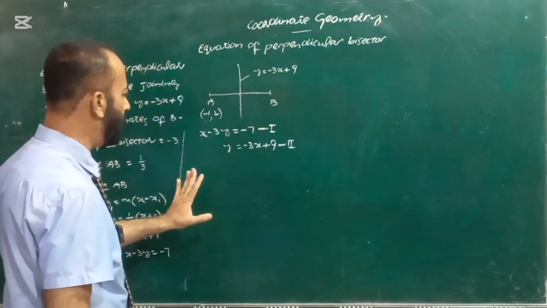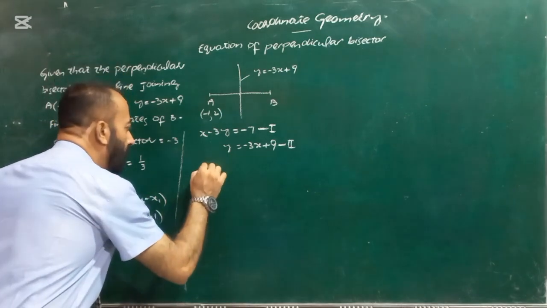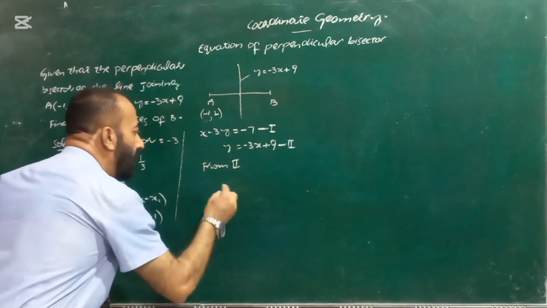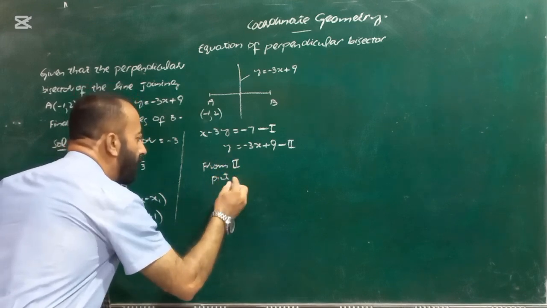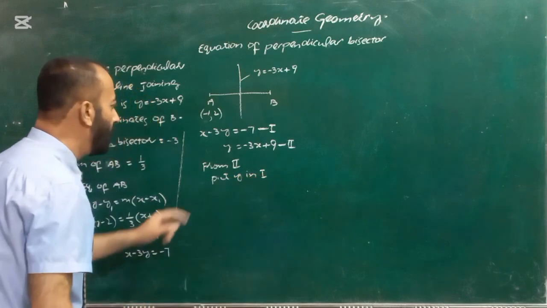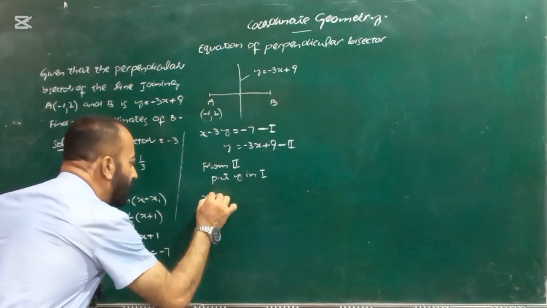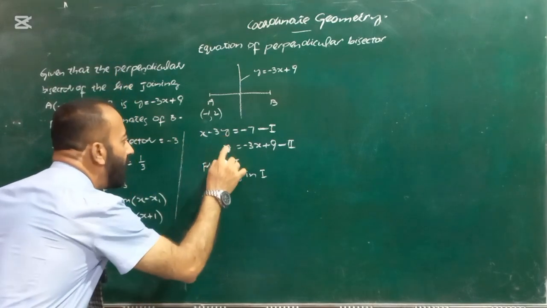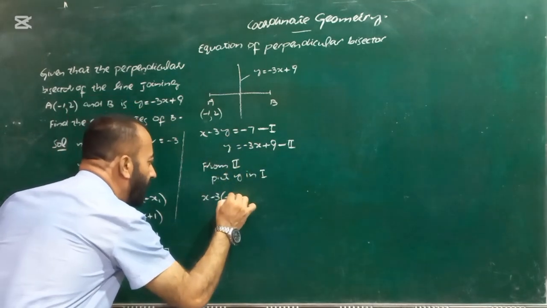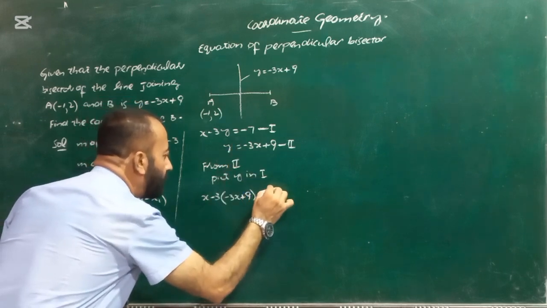So first we will find the point of intersection. Putting the value of y from 2 in equation number 1: x minus 3 will remain as it is, and here the value of y will be put, so minus 3x plus 9 is equal to minus 7.